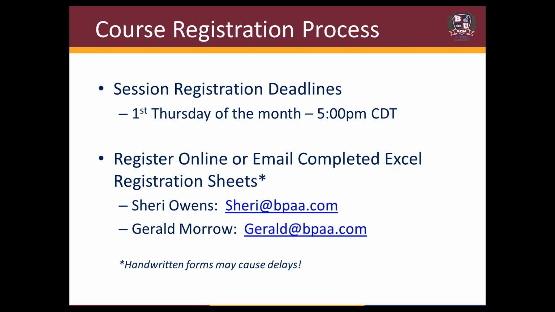It requires the same information, so either way, if you register online, it's quick, easy, simple. And with the Excel sheets, we just appreciate if they're typed, because trying to read email addresses and things like that is difficult, and that's how we communicate.